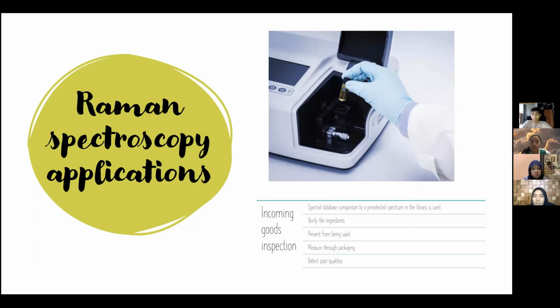Then it can measure through packaging, so we can measure the quantity and amount of the chemical, solution or material from just outside the object. So we don't need to open the material or anything.